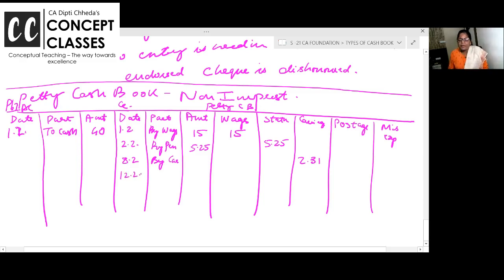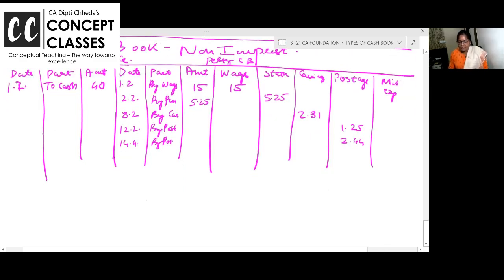12th of February. Stamp. You send people to post office. 1.25. Telegram. Again same, post office only you send to do telegram also, 2.44. And some tea coffee expenses you have incurred.